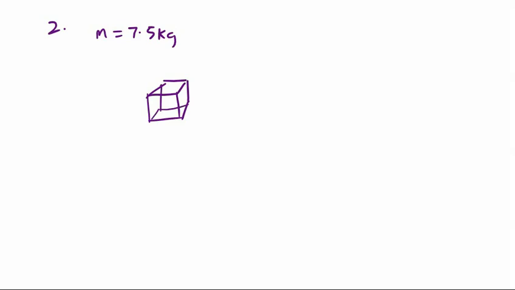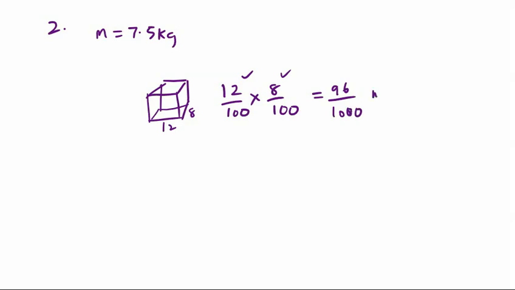So the base here is 12 into 8 centimeters, which is 12 over 100 into 8 over 100, just converting it into meter squared. 12 centimeters divided by 100 meters into 8 by 100 meters gives you 96 over 10 to the power 4 meter squared. It can also be written as 96 into 10 to the negative 4 meter squared.